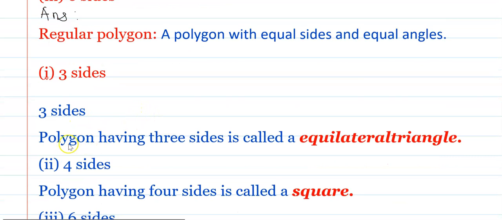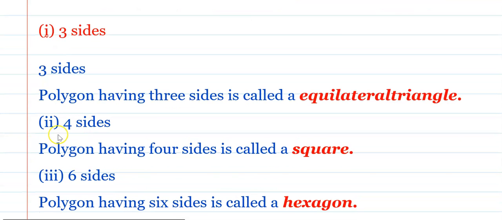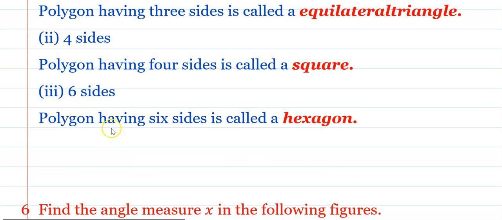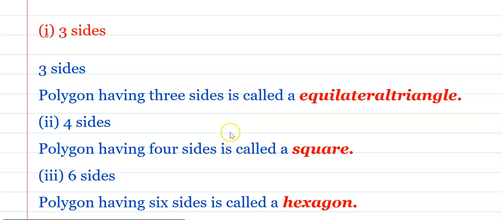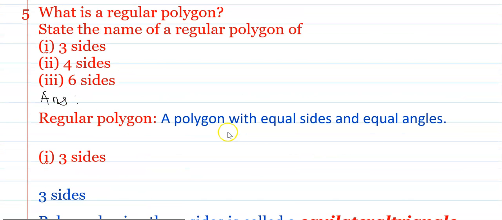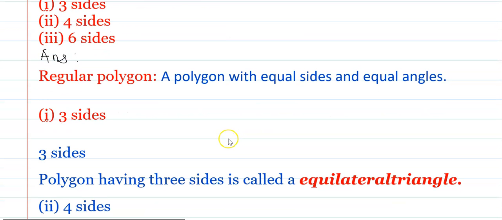The polygon having 3 sides is called equilateral triangle. This is the first one. Next, 4 sides. Polygon having 4 sides is called a square. 6 sides. Polygon having 6 sides is called hexagon. Okay. This question is very easy. It's a question answer type question. There is no calculation. You can see this here.